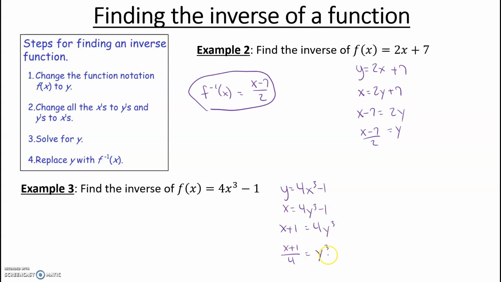Then to undo a cube, you take the cube root. So we have the cube root of (x plus 1) over 4. Then you go back and make this the inverse function. So f inverse of x is the cube root of (x plus 1) over 4. And there we go.